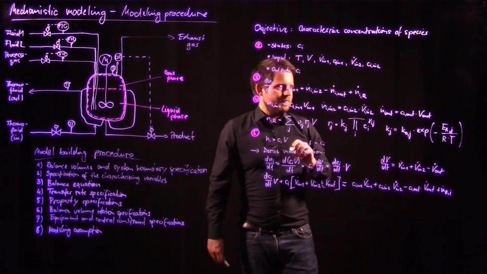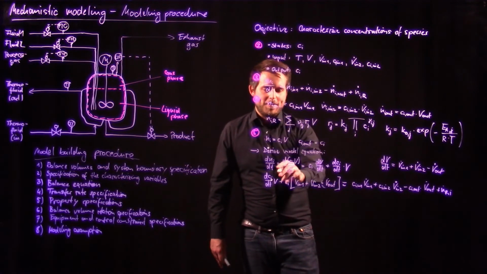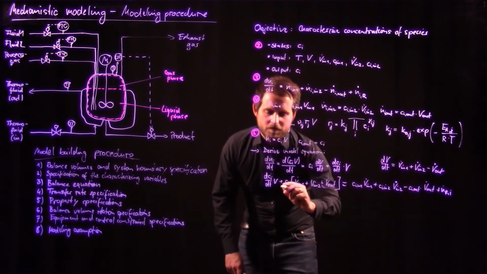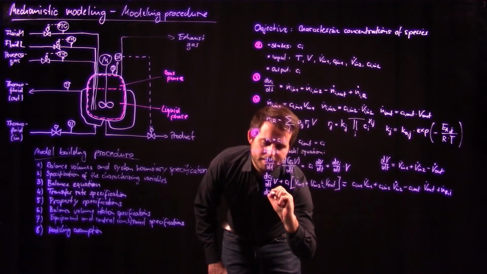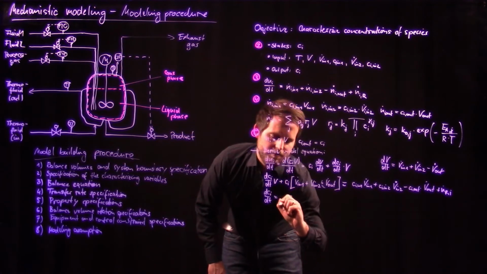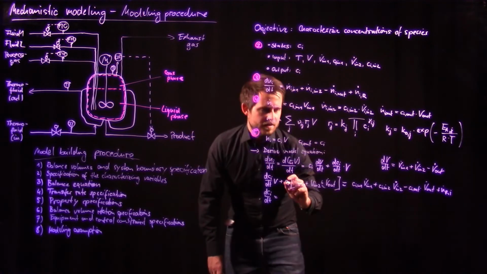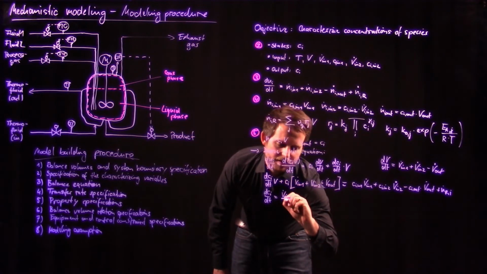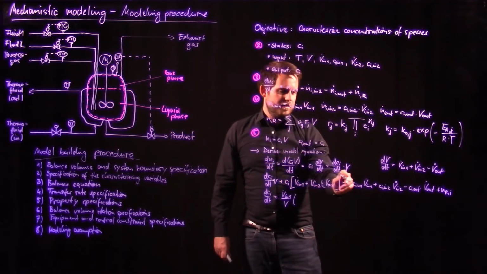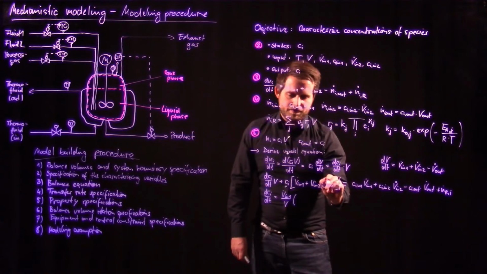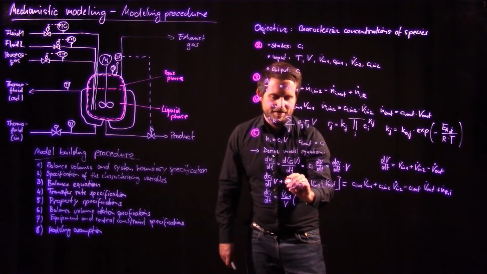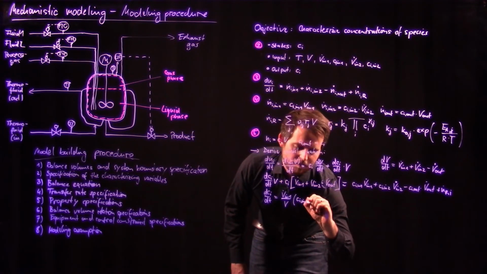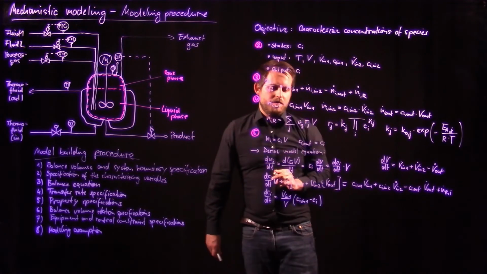Furthermore, if I then divide by the volume on the right side, I get the following expression: dCi/dt equals, and now we have here our V dot in 1 divided by V, and we get the difference Ci in 1 minus Ci, first term.